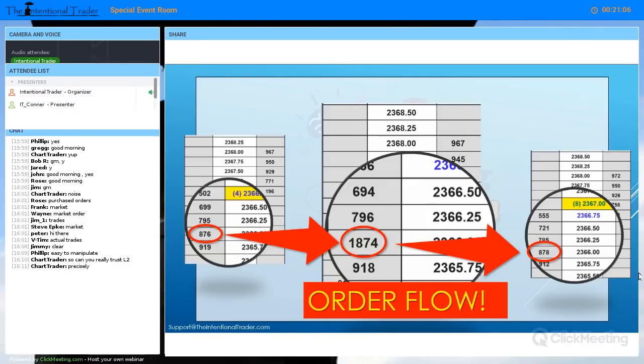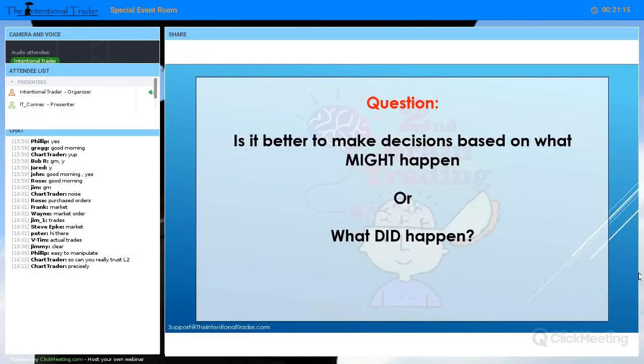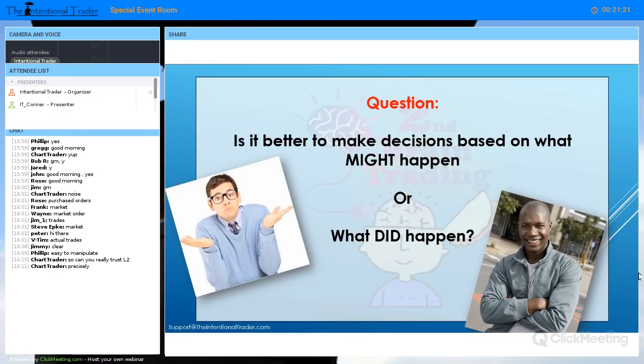This is what might happen but didn't happen, yet we're supposed to place our trades based on this information. So my question is, what's better to make a decision on, what might happen or what did happen? So I'm starting to blow a few holes in this order flow stuff, right? When you have a decision in life to make, what information is the best information from which to make a decision?